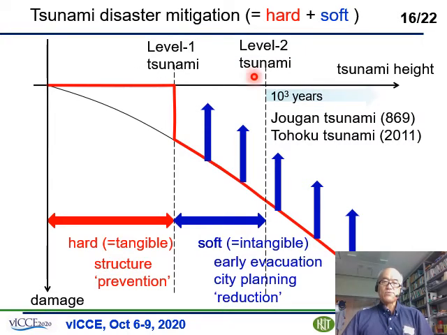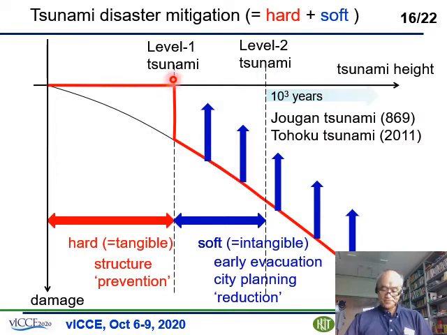After the 2011 Tohoku tsunami, the target tsunami for evacuation plans was introduced as the level 2 tsunami. The frequency of a level 2 tsunami must be very small, like once in 1,000 years. The 869 Jogan tsunami and the 2011 Tohoku tsunami must be among level 2 tsunamis.